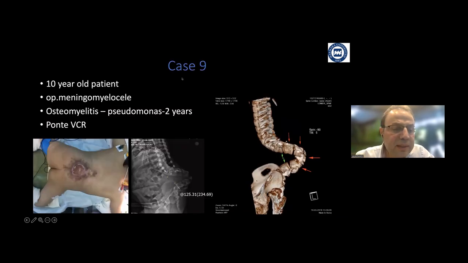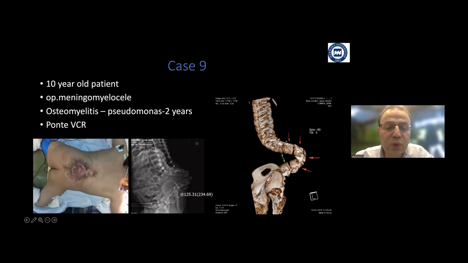This case came to our clinic because these patients come to us with an open wound. This is osteomyelitis, and she took approximately one year of antibiotics but did not heal, and there is a large open wound area with osteomyelitis at the same time.